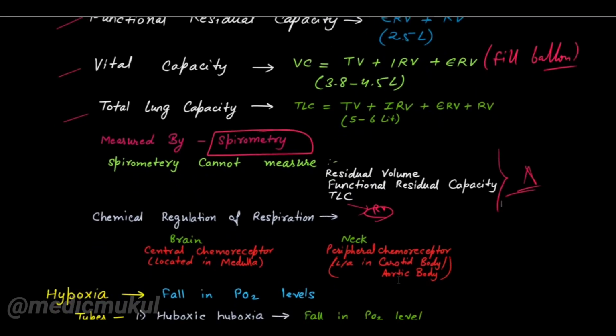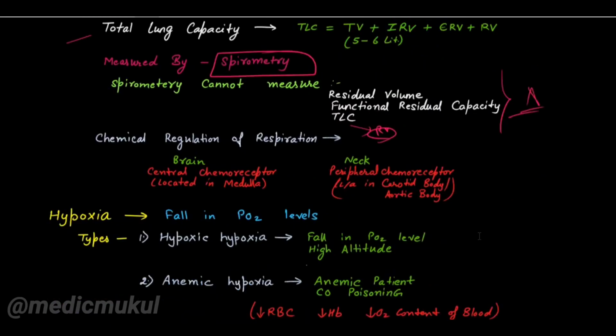So sad. Okay, so next is chemical regulation of respiration. In the brain and the neck. In the brain we have the central chemoreceptor. Remember, the respiratory center is the medulla, present in the brain.